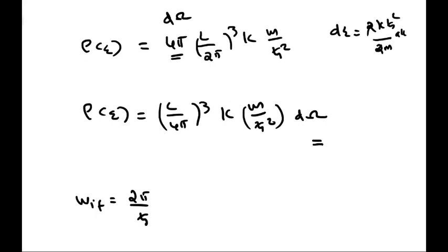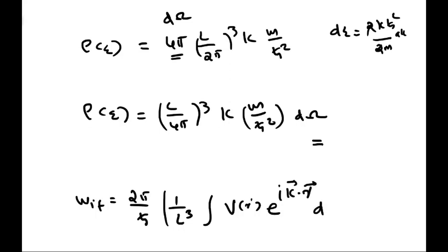Then we have V_IF, that is 1 by L cube, the integral of our potential V of r prime e raised to i k dot r d v over some volume. This is elemental volume, don't confuse it with potential. And square of that.